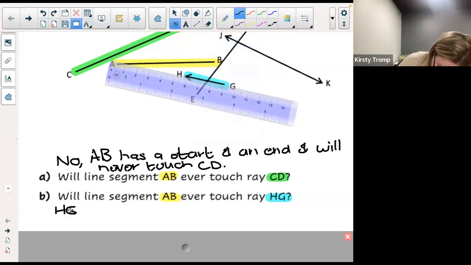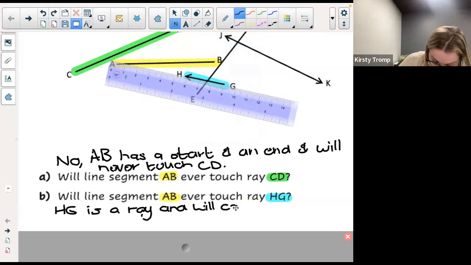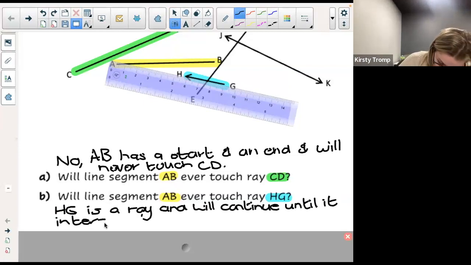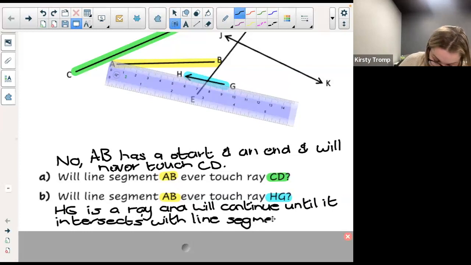HG is a ray and will continue until it, and the fancy way, intersects, which is the same thing to say touches, okay, but intersects with line segment AB.